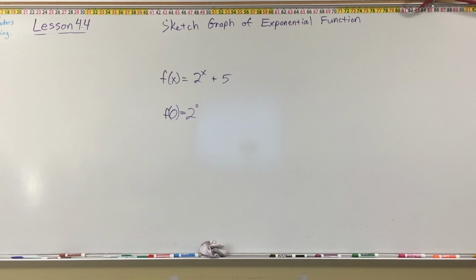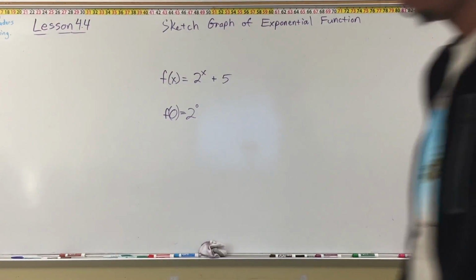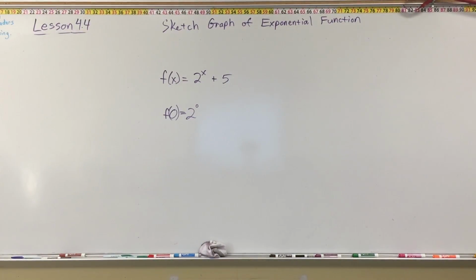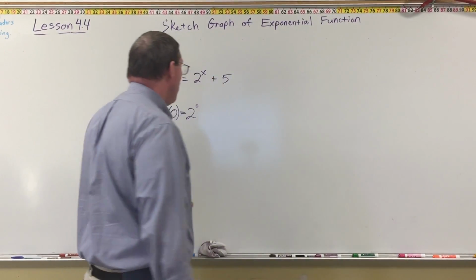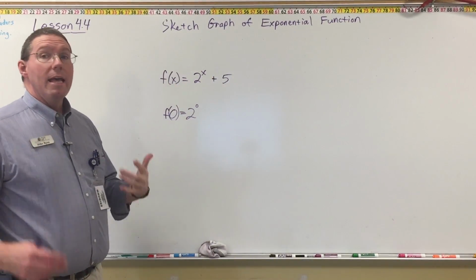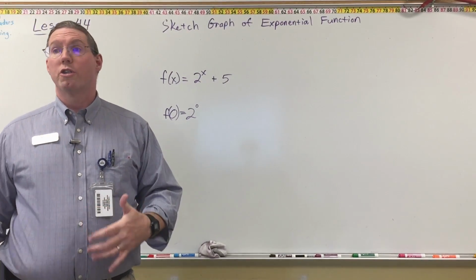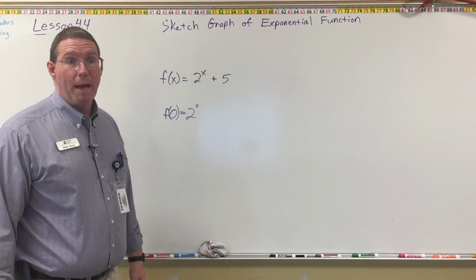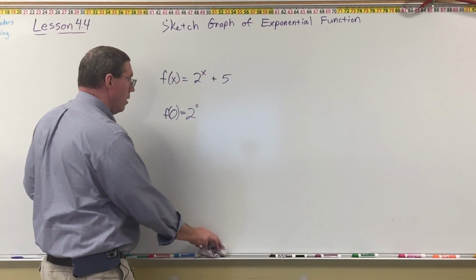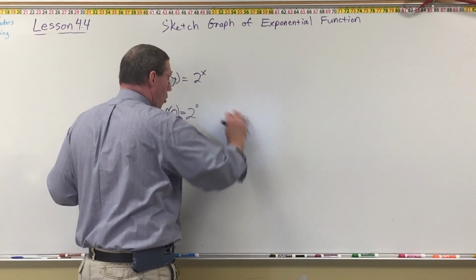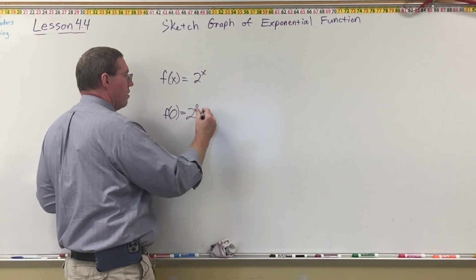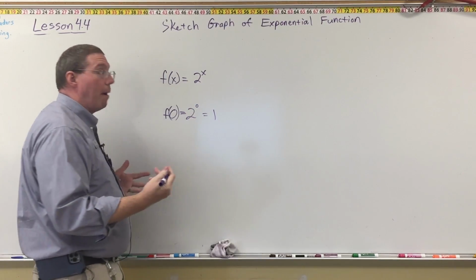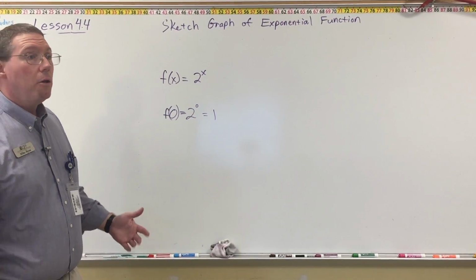So the answer to an exponential function, when you plug 0 in, becomes, well, assuming there's no negative up front, 1 larger than what you have come to expect in polynomials, okay? So when the constant is 0, f of 0 is actually equal to 1 because 2 to the 0 power is 1, okay?